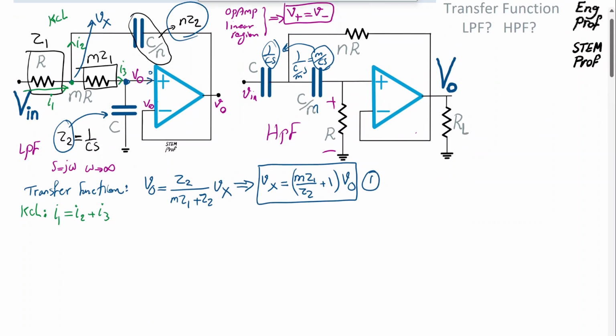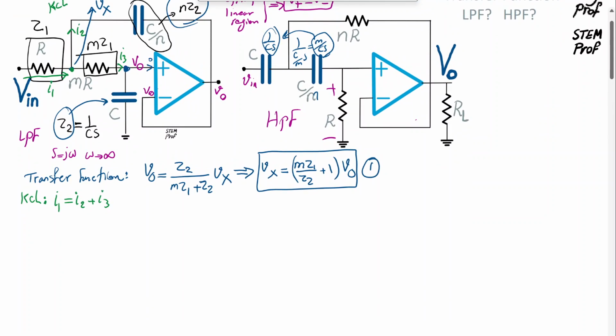Okay, now I can start substituting into this KCL that I wrote here. So I1 is the voltage across this resistor, which is Vin minus Vx, divided by the impedance Z1, generally speaking, not the resistor.